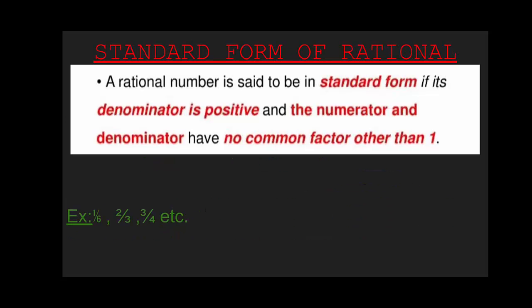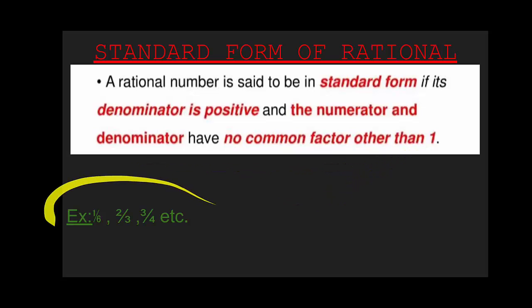Now, standard form of rational numbers. A rational number is said to be in standard form if its denominator is positive and numerator and denominator have no common factors other than 1.